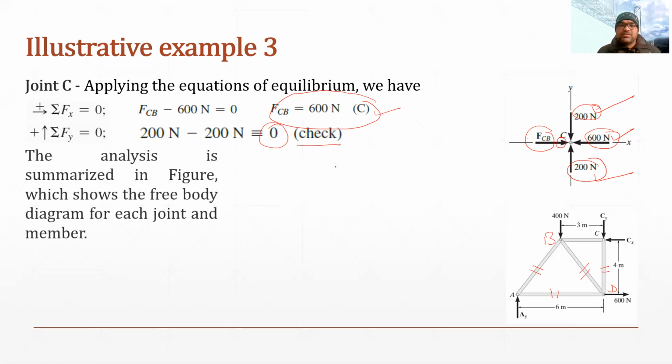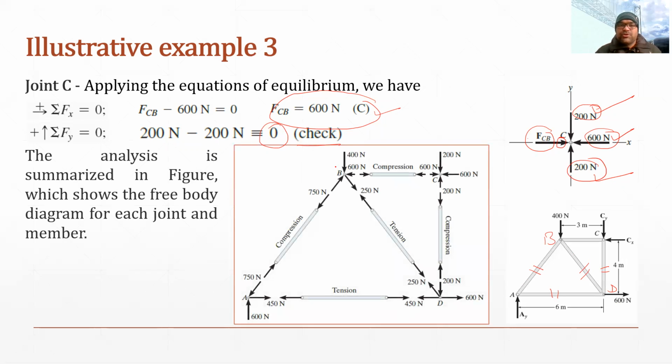Now in the last, we have to show all the members with their true nature, whether they are in compression or in tension. So we will make the detailed diagram which will show the member nature. This member is in compression, so that is what I have shown here, and the magnitude is also there.